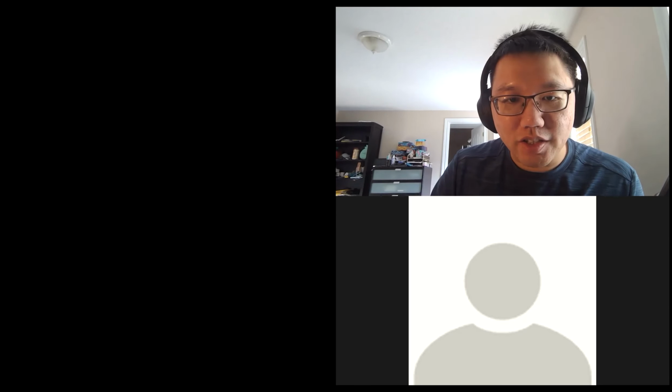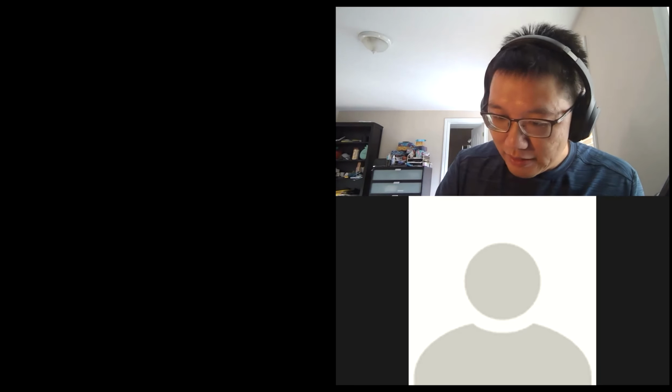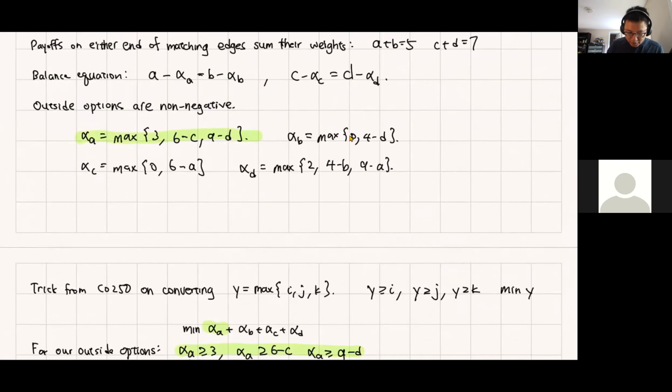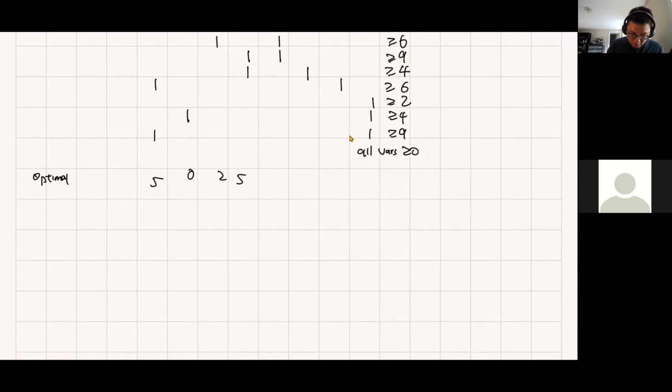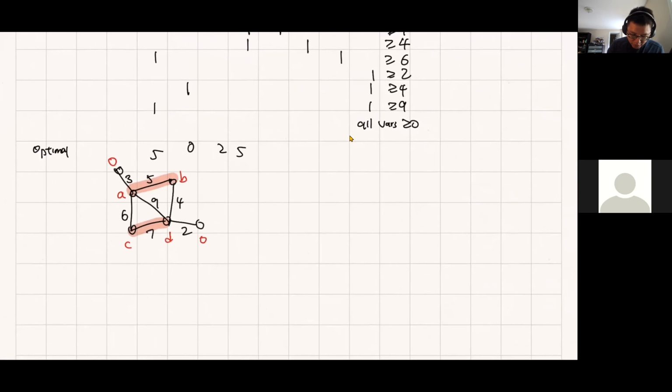All right, so let me get back to the screen here. Let's copy this diagram here. And our solution is 5025.